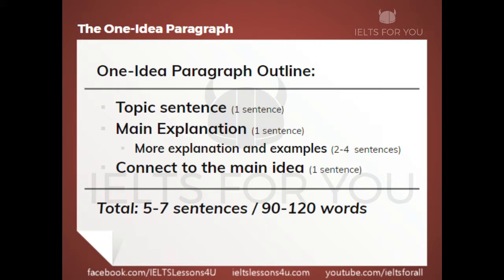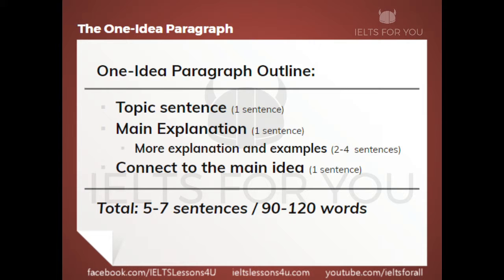So we want to use this structure when the main explanation is quite complex, quite difficult to explain. It takes 2, 3, 4 sentences in order to express it completely. So you don't have enough space to add another idea to that because it takes so much space just to explain this one main idea.